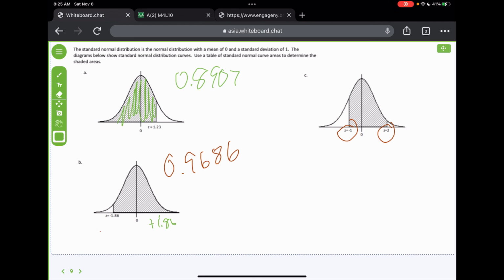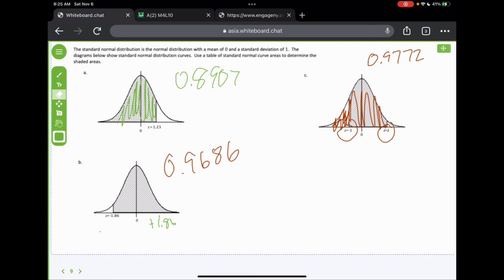Okay, so let's write that up here, 0.9772. Now, that is all the values here, including this down here. But that's not what we want.